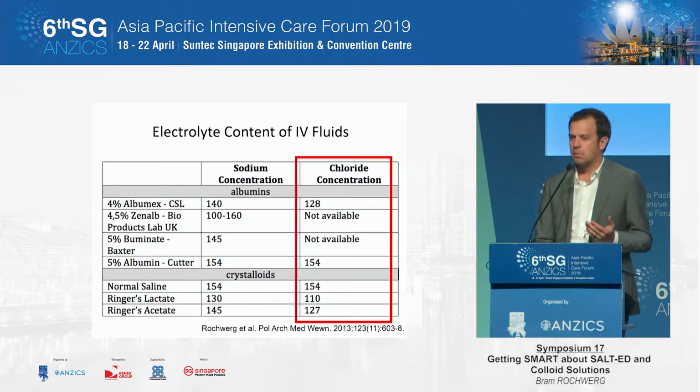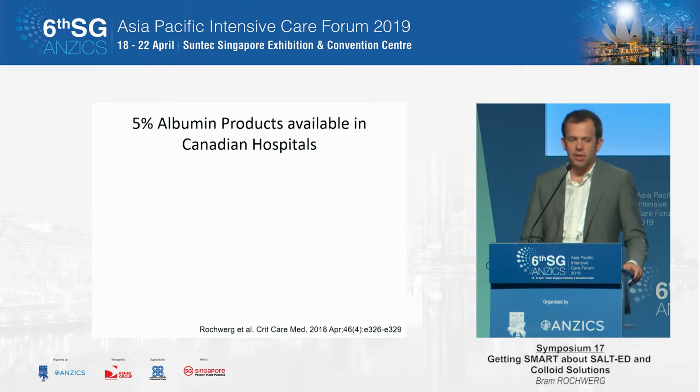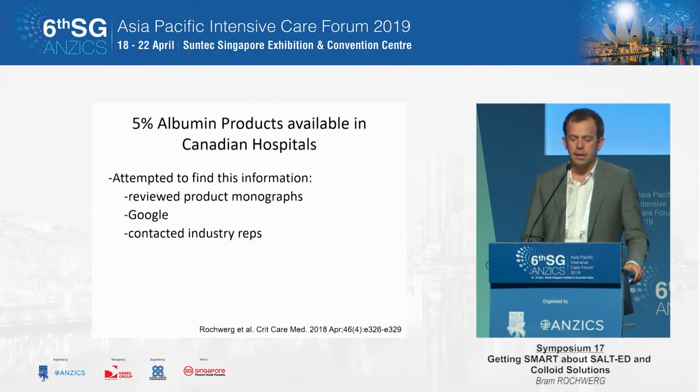This is something that we weren't aware of. And it led us to a bit of an offshoot project, a side project, where we looked at the 5% albumins that were available at the hospital at our own center. There were 3 different ones.